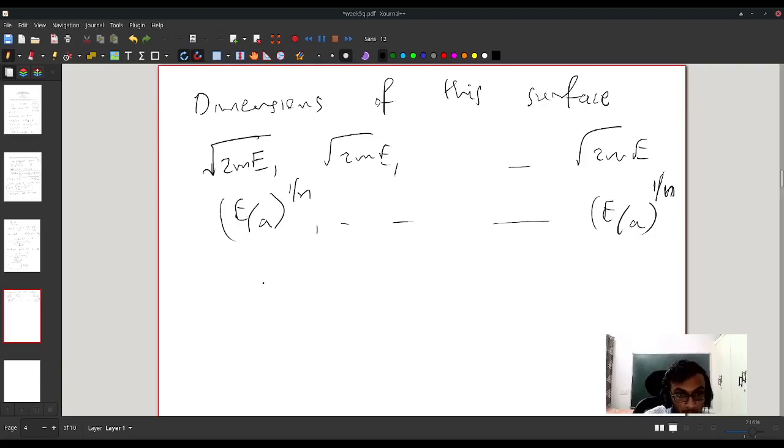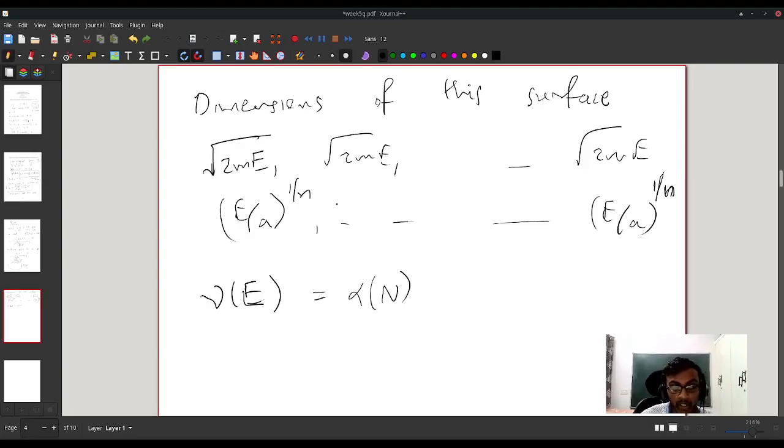This is just like dimensional analysis. Just from this basis we can say that the volume of this region must be proportional to the product of these dimensions, up to some constant, which depends on the number of atoms or the phase space dimension. It of course depends on what potential we have, little n.